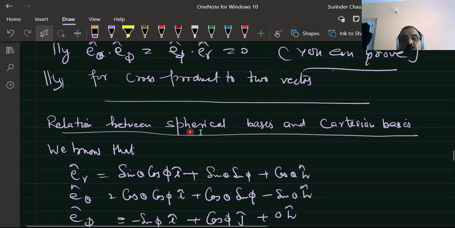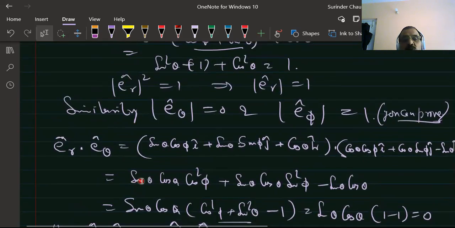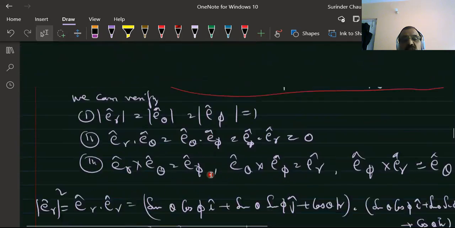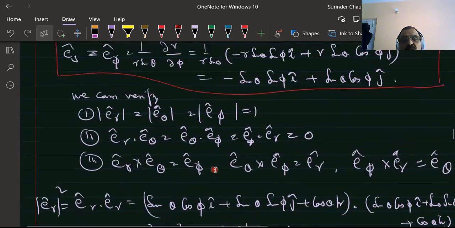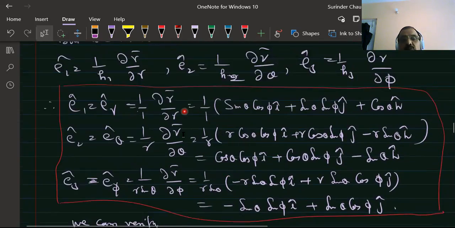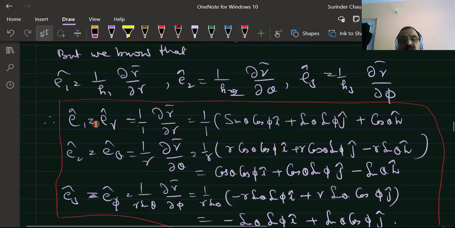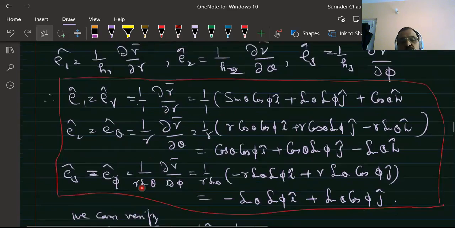Now, the relation between the spherical basis and the Cartesian basis. We have written the relation between the Cartesian vectors and the spherical vectors, that is, between Cartesian and curvilinear coordinates, or the special type of coordinates, the spherical coordinates.